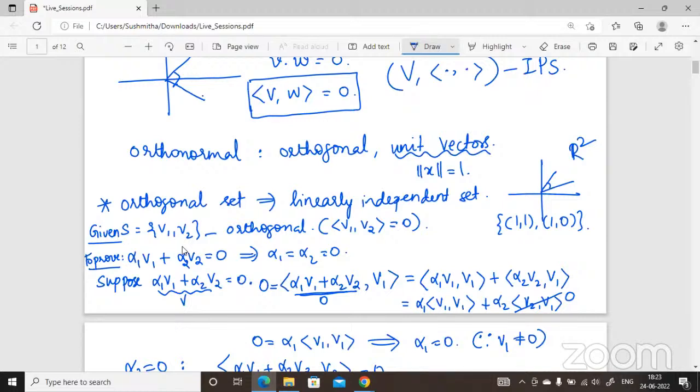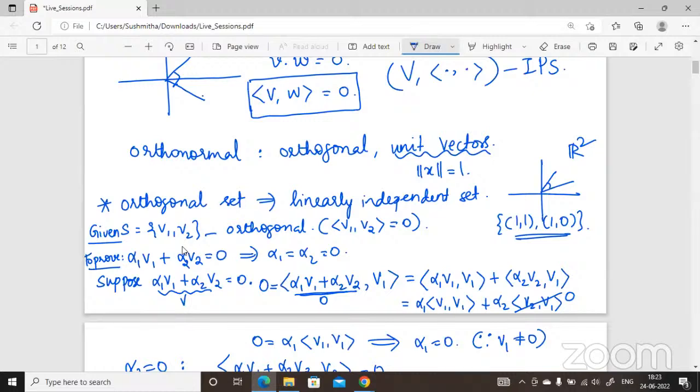When we talk about R2 and the angle cos theta, we are actually talking about the dot product, not any other inner product. So R2 with the dot product is an inner product space, and with respect to the dot product, these two vectors are not orthogonal. The dot product is equal to 1.